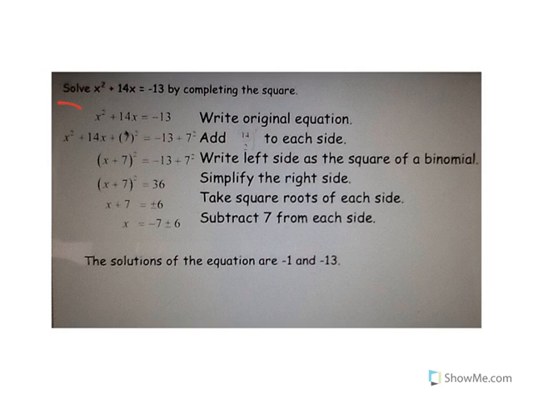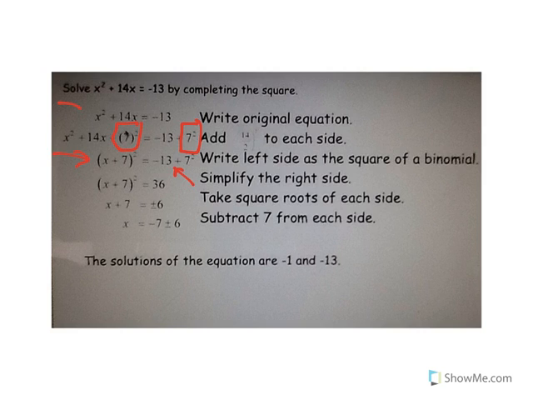So what's 14 divided by 2? That's going to be 7. So 7 squared is going to be my perfect square. But I need to add that to both sides. When I do that, I can now factor this to x plus 7, that whole expression squared. And on the other side, I end up with negative 13 plus 7 squared again.